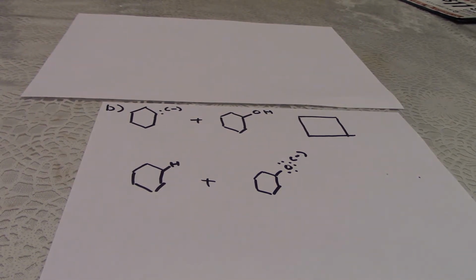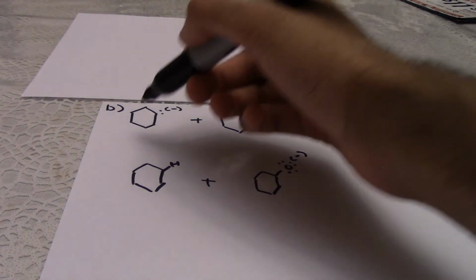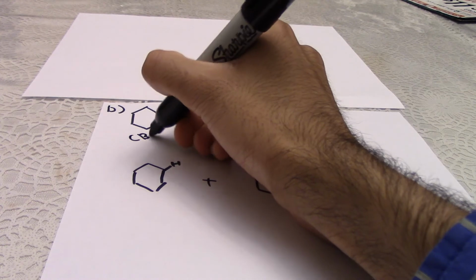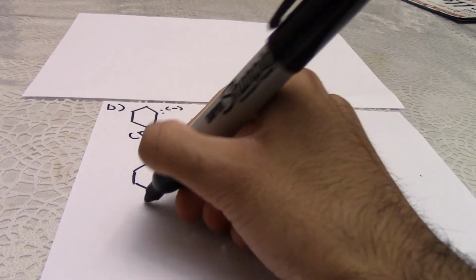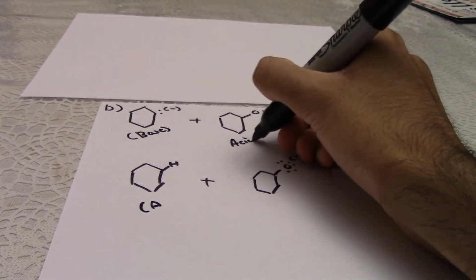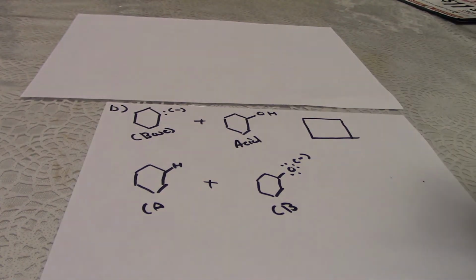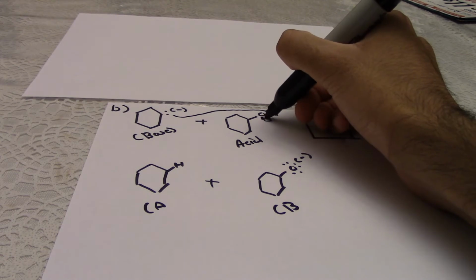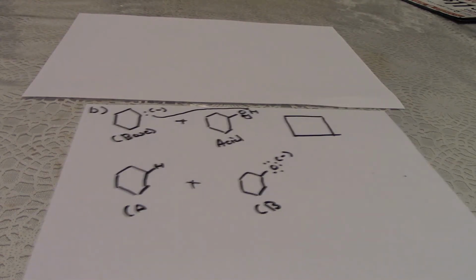Those are our products, and now it's just a matter of identifying our acids and bases. The only difference is this has a proton, this doesn't. This means it gains one, so it's the base. This is the conjugate acid, which means this is our acid, and this is our conjugate base. The base abstracts the proton from the acid over there, just like that.